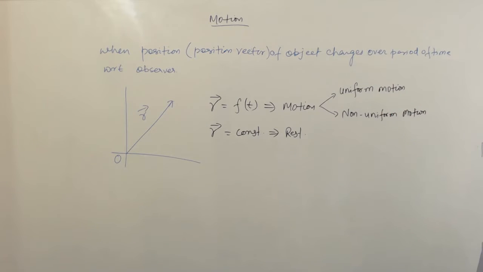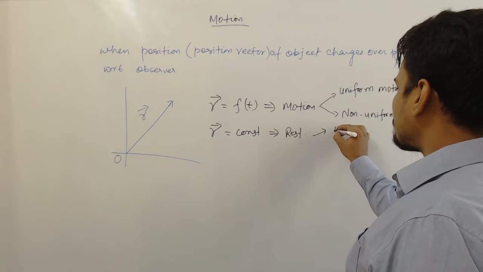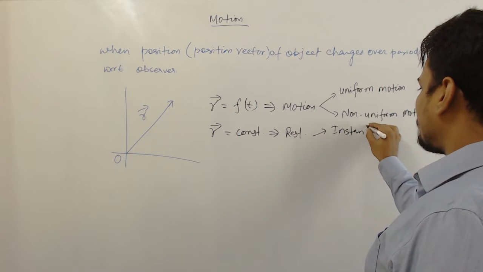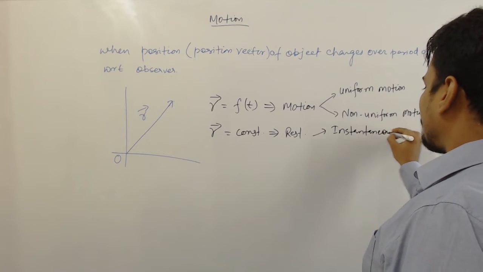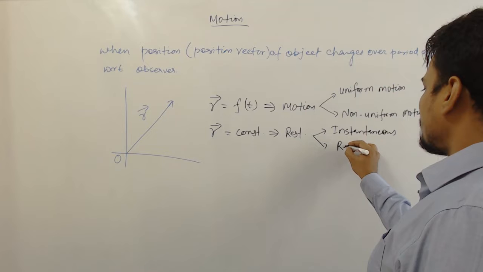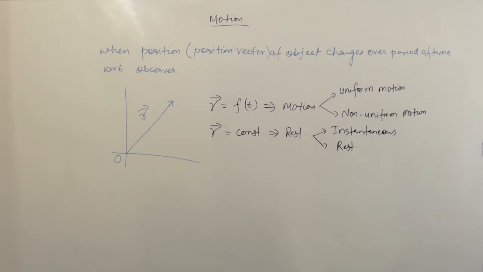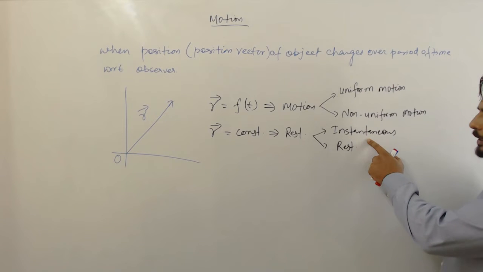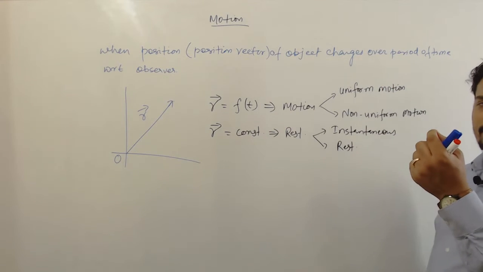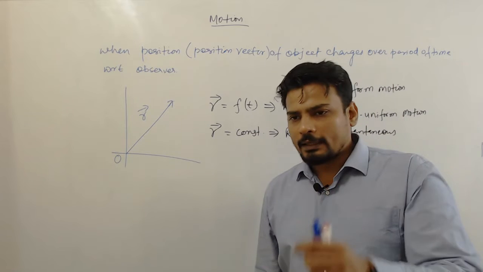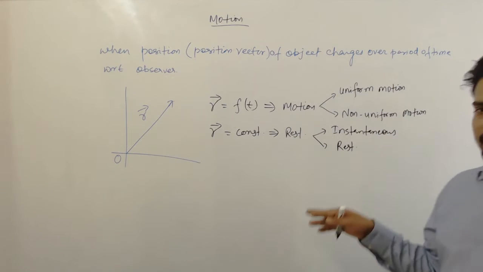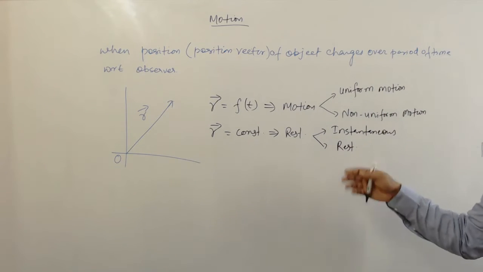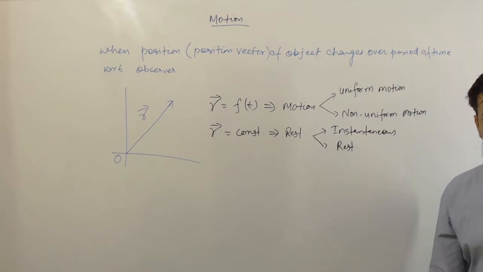And when I talk about rest, we have instantaneous rest, and we have rest, or you can say the permanent rest, as simple as that. Instantaneous rest means when the body comes to rest for a very small amount of time. At that particular time, if the body is at rest, that is called instantaneous rest. And when the body is at rest for a slightly longer period of time, then that is called rest, or you can say permanent rest.